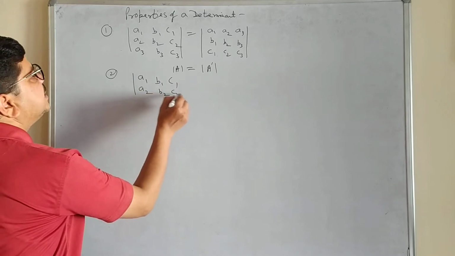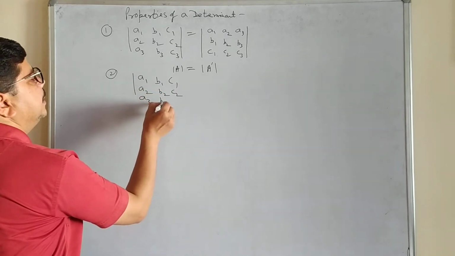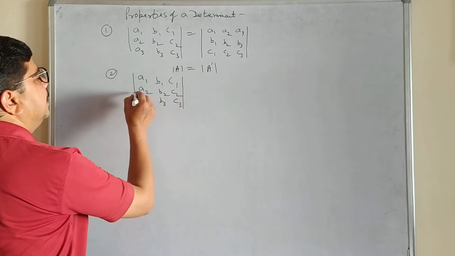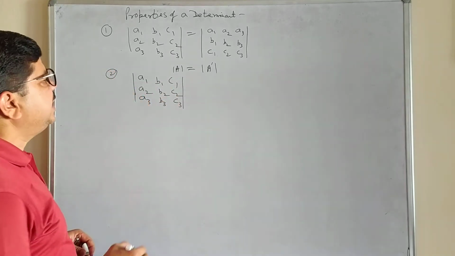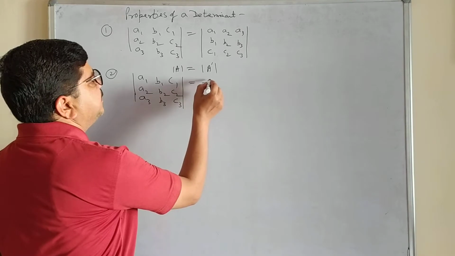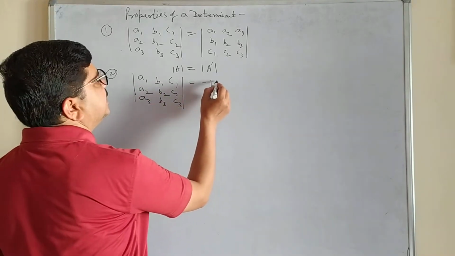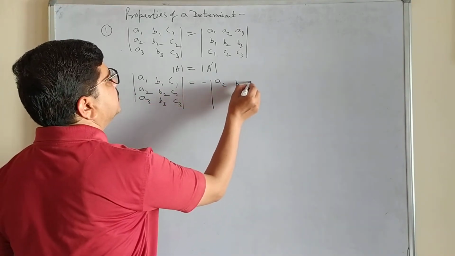Second property is: the value of determinant becomes negative if we interchange any 2 rows or columns.